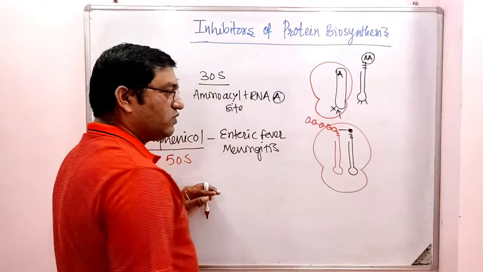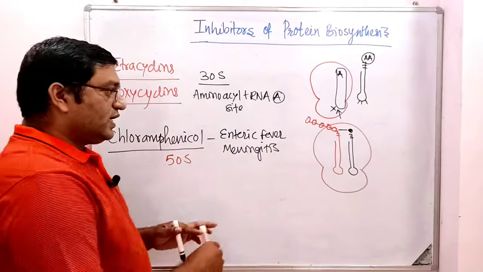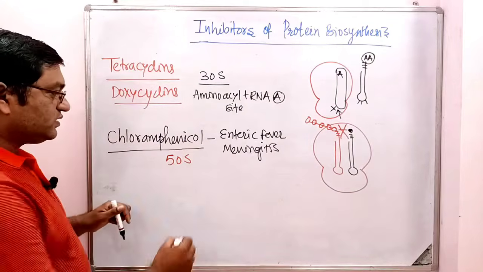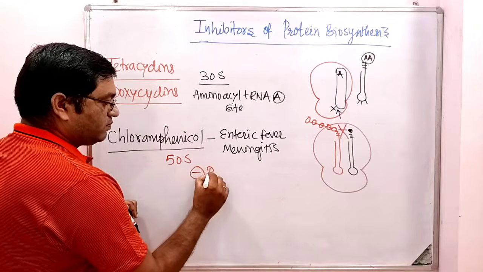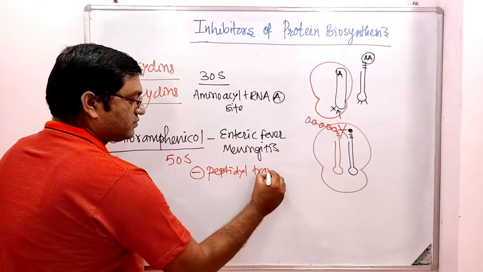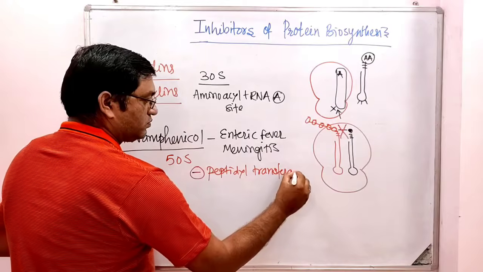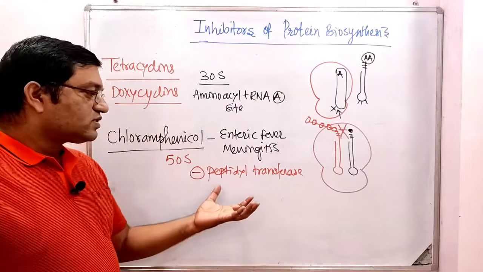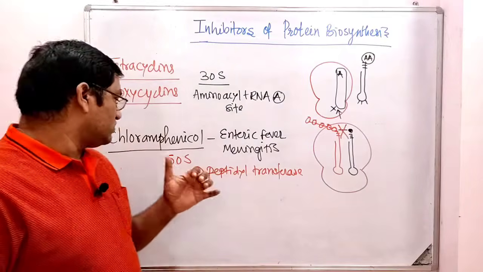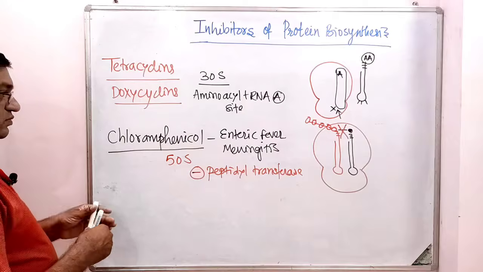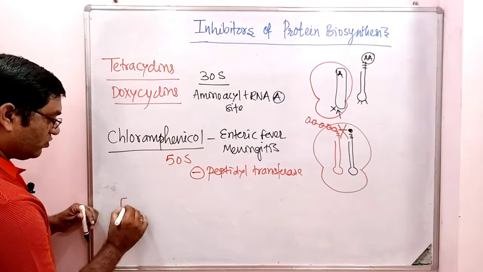Peptide bond formation will occur between these two amino acids, and this is the site of action of chloramphenicol. It inhibits the peptidyl transferase and blocks the translocation, and it blocks the elongation process. So this is chloramphenicol. Then the third important drug is erythromycin.